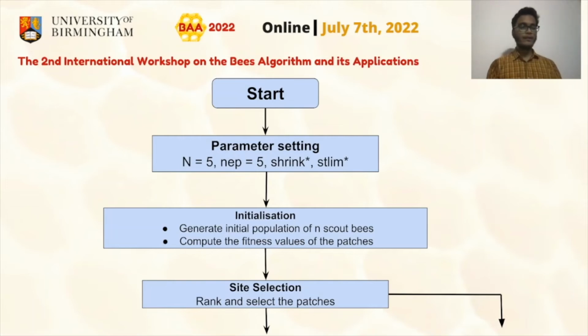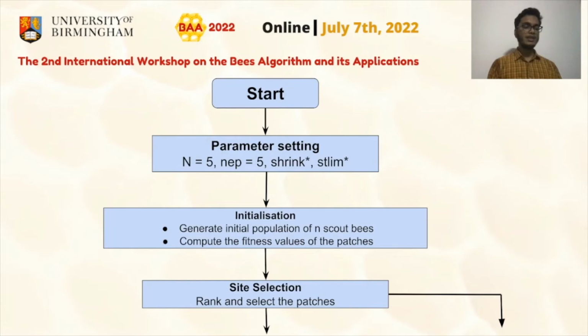So here the flowchart shows the algorithm and how it progresses. So I'll be explaining that. Firstly, the number of scout bees are set and the fitness of each of these patches is computed. The patches are then ranked according to their initial fitness values and bees are recruited to search.